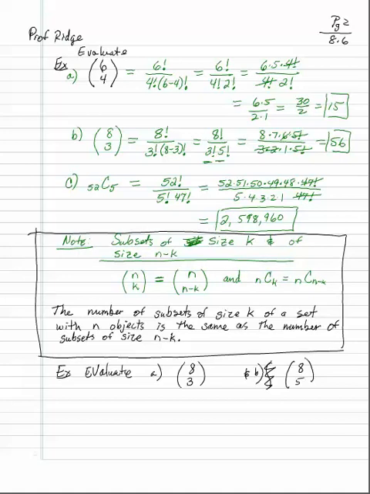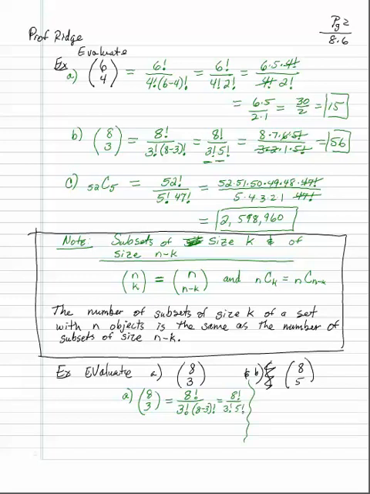Something to note: if we talk about subsets of size k and of size n minus k, n choose k is equal to n choose n minus k. It doesn't matter which notation you use. So if we did 8 choose 3, we get 8 factorial over 3 factorial times 8 minus 3 factorial, which equals 8 factorial over 3 factorial times 5 factorial.